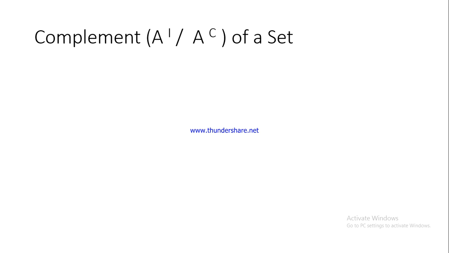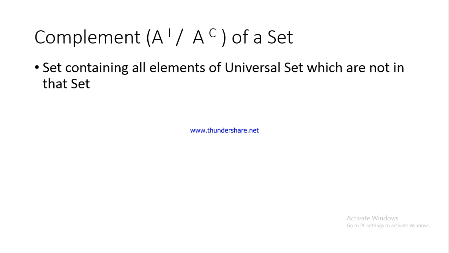Now let us talk about the complement of a set. What do we mean by the complement of a particular set? Again, a little confusing definition, but we'll have a look at the example also. Now, the complement of a set is a set which contains all the elements of the universal set which are not present in that set. So the complement is another set, or let us say like this: the complement of A is another set A dash or AC.